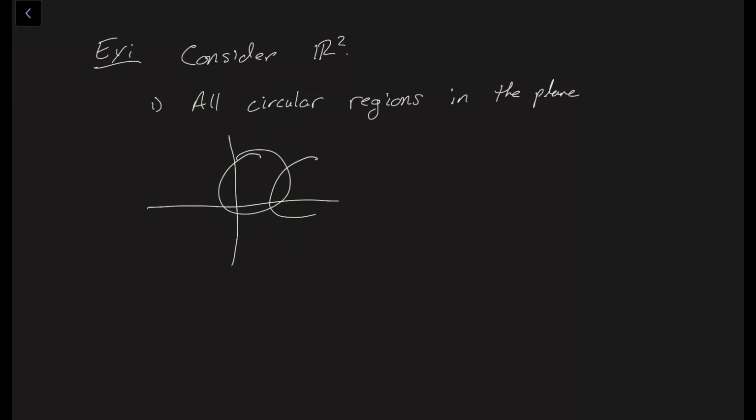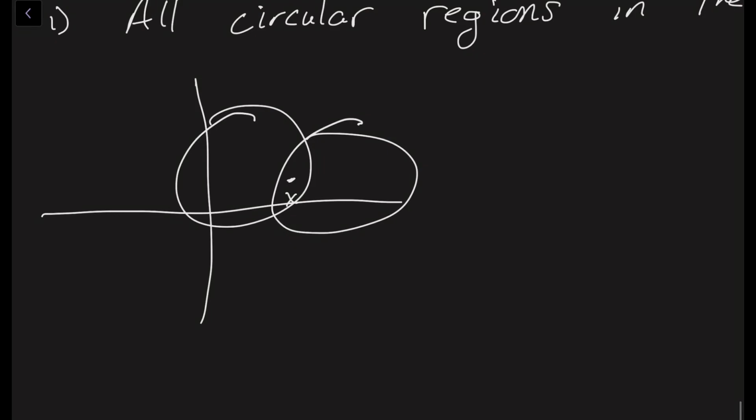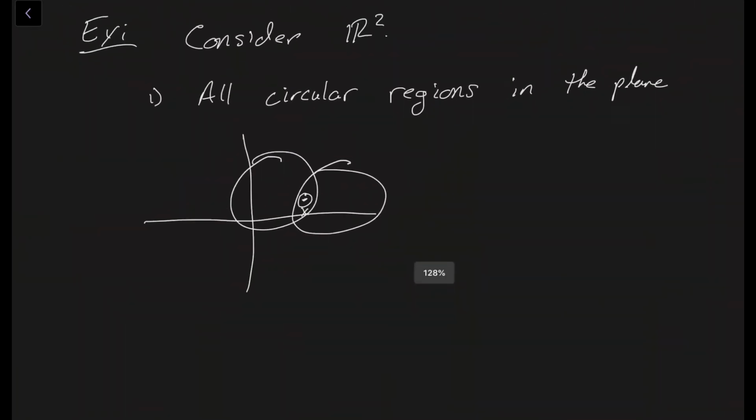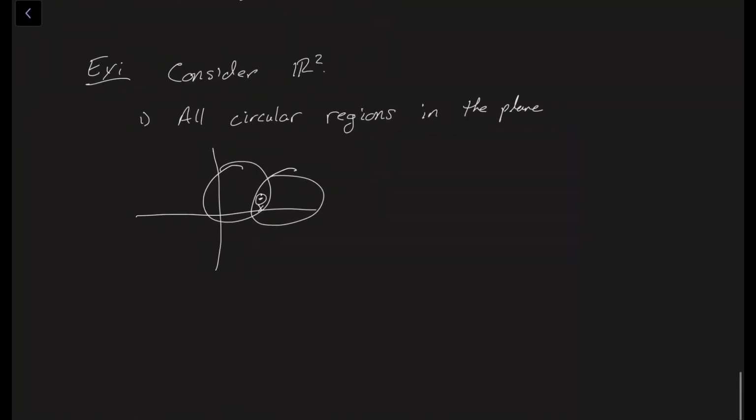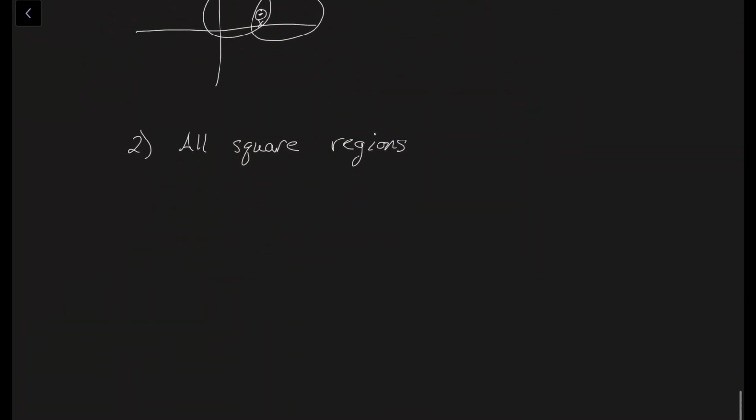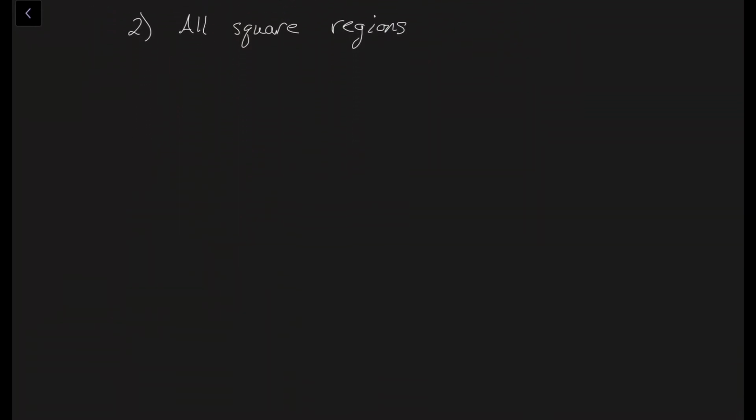And if I have two circles that overlap, I can pick any point in there and put a smaller circle so that it's completely contained in that overlap. For our second example, we're going to take a look at all square regions in the plane. And the same property pretty much holds. If I have two squares and I overlap them, I can pick a point in that overlap and put a square around it such that it's completely contained in that overlap.